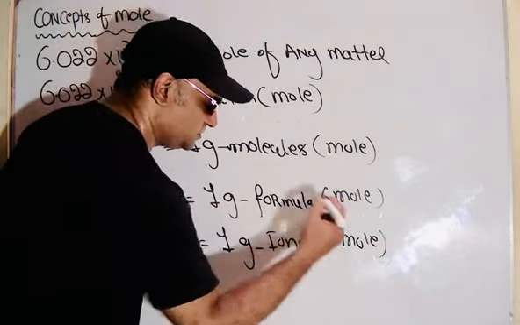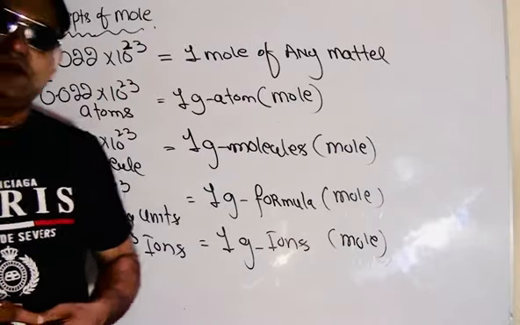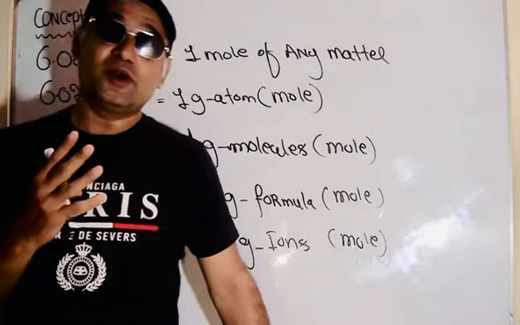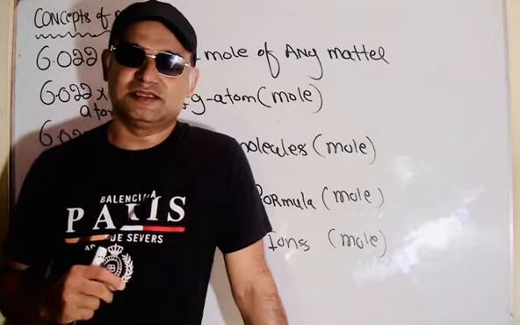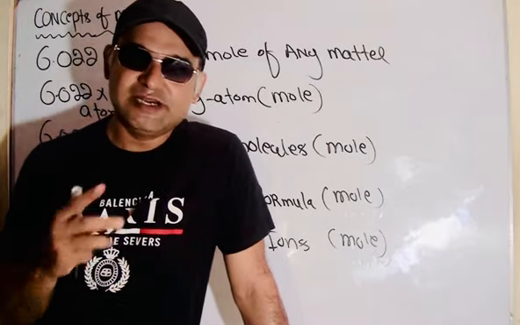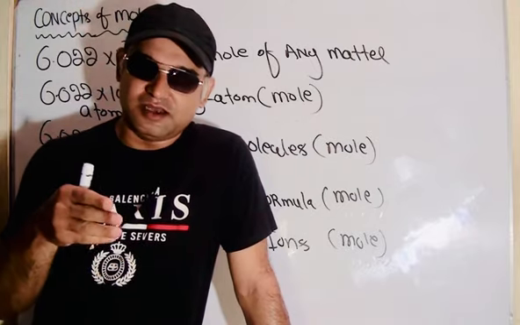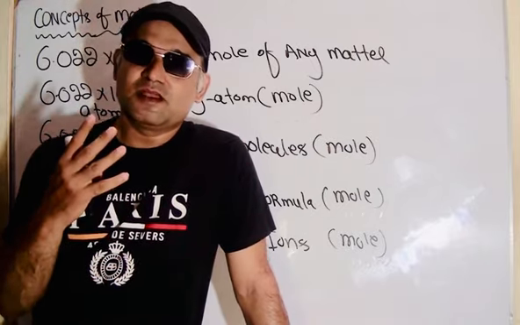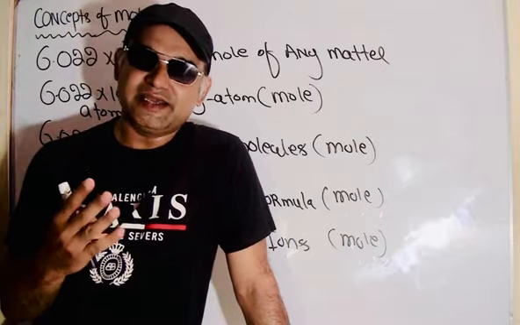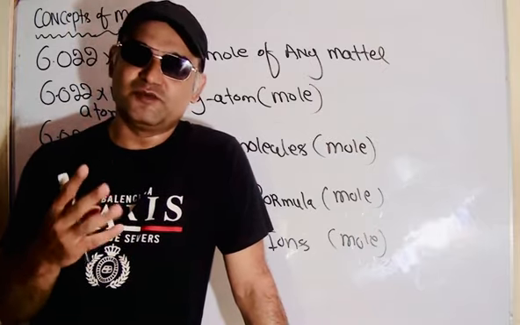So as you have seen, here we discussed the 4 concepts of number of particles. In the previous session we discussed 4 mass related concepts of mole. Now we have explained the 4 particle nature concepts of mole.